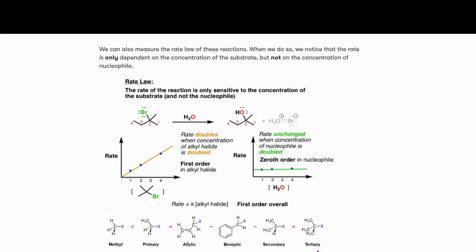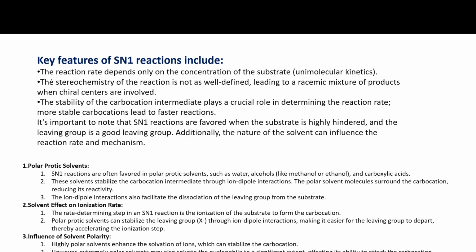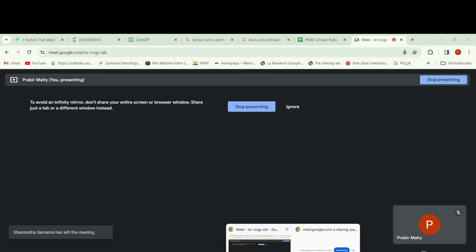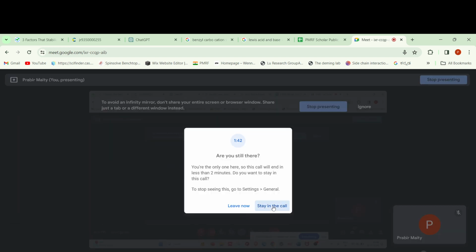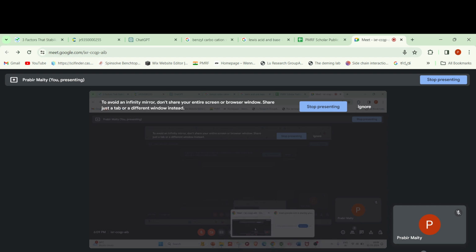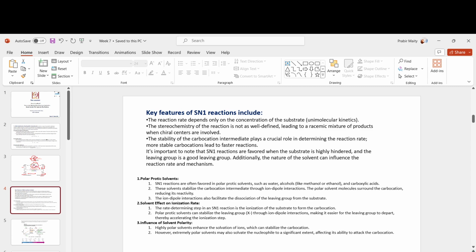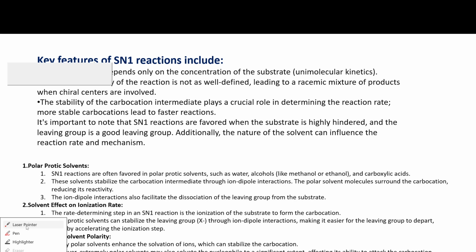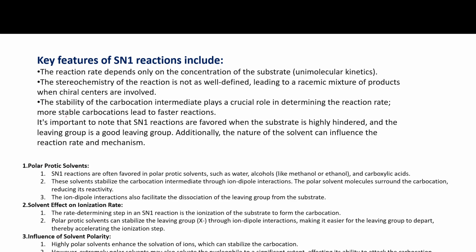Now the key feature of the SN1 reaction is that the reaction rate depends only on the concentration of the substrate, so that is the unimolecular kinetics, and for this unimolecular kinetics SN1 is coming.